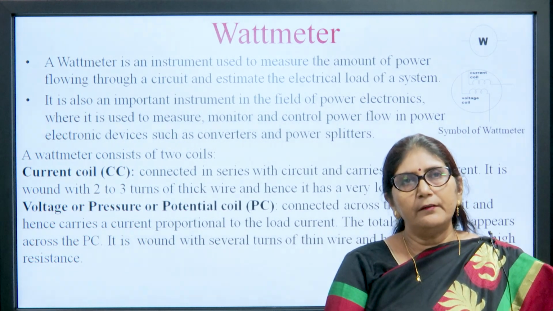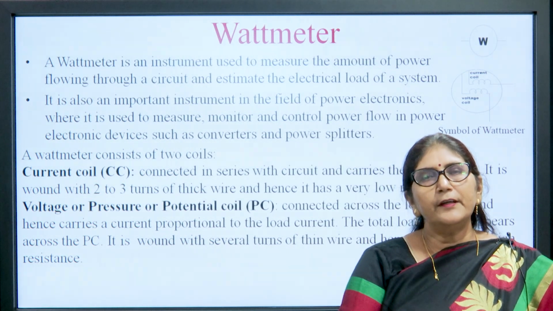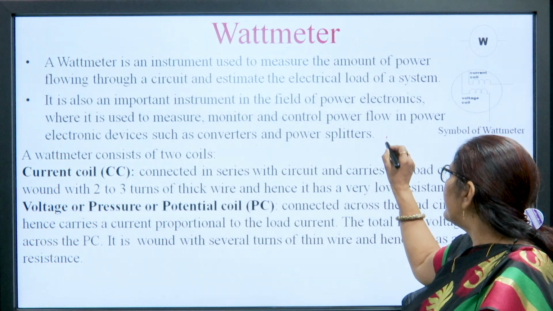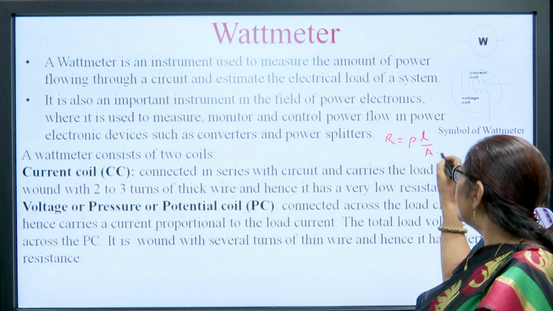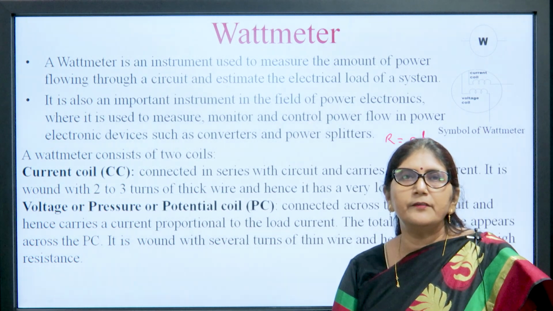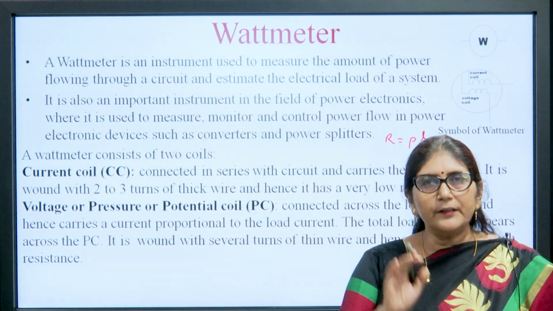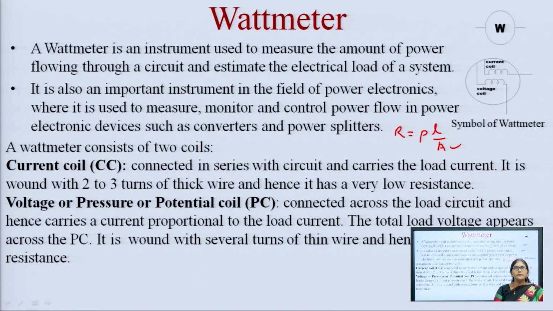So, the current coil has only 2 or 3 turns of thick wire and hence it has very low resistance. We know that R is equal to rho L by A. So, if the cross sectional area is more, then the resistance is low. The current coil is thick and connected in series, so its cross sectional area is more.